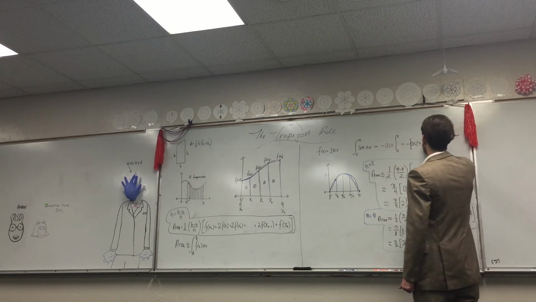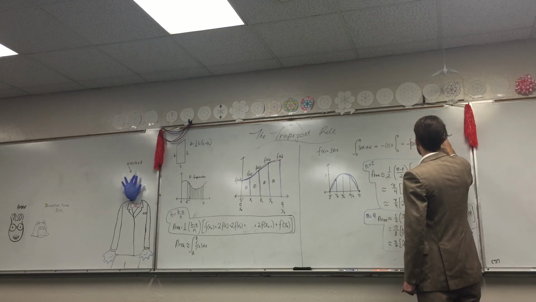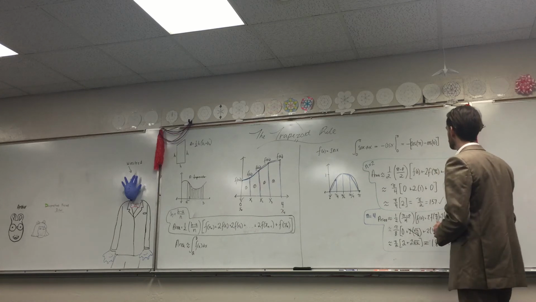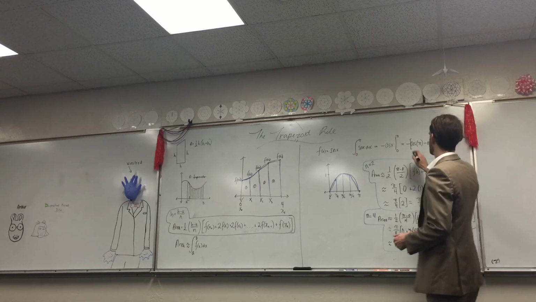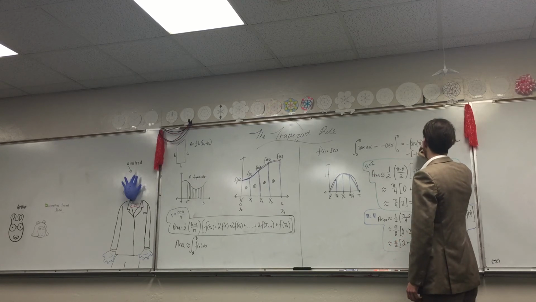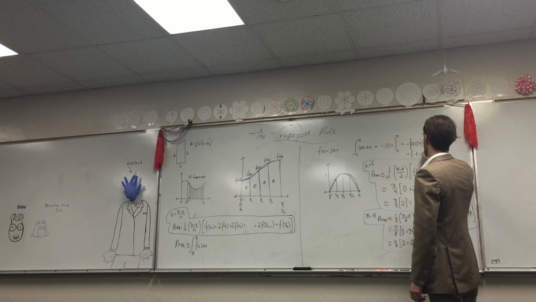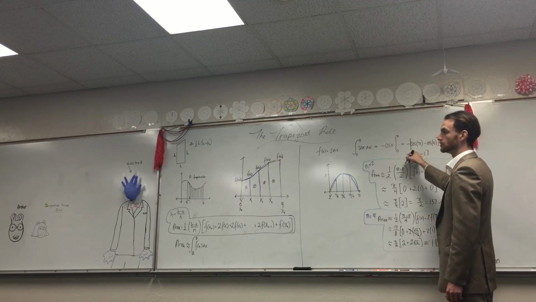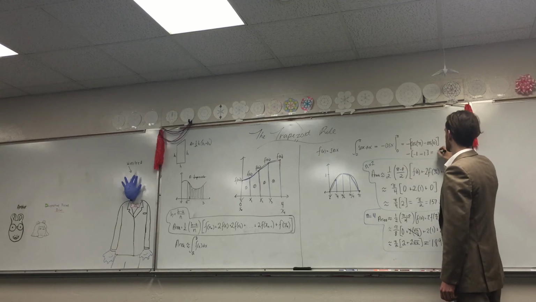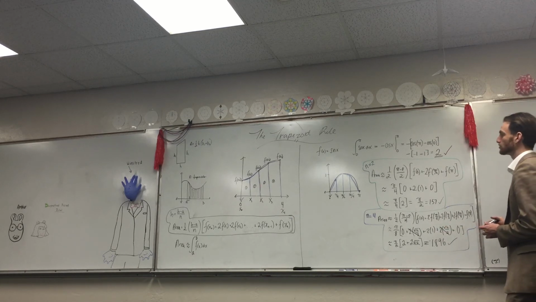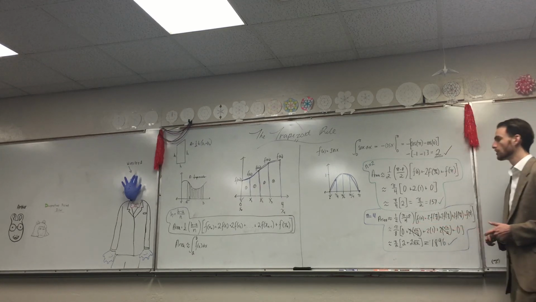Cosine pi minus cosine of 0, right? So this is negative, what's cosine of pi? Negative 1, and then cosine of 0 is 1. So it's negative 1 minus 1, that's going to be negative 2. So this is positive 2. So the actual area is 2.